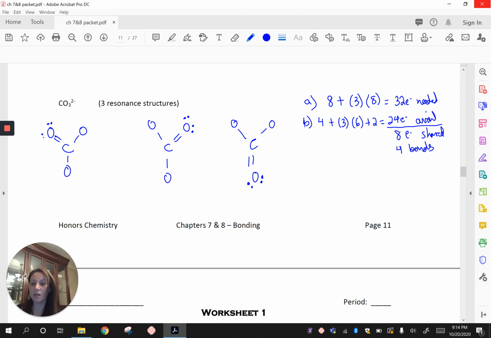And then our single bonded oxygens, they only have 2 electrons right now, so they need 6 more, so 3 lone pairs on each of those. And it's a lot of electrons, a lot of little dots. You do have to make sure that you are drawing your lone pairs, otherwise your structure would not be correct.